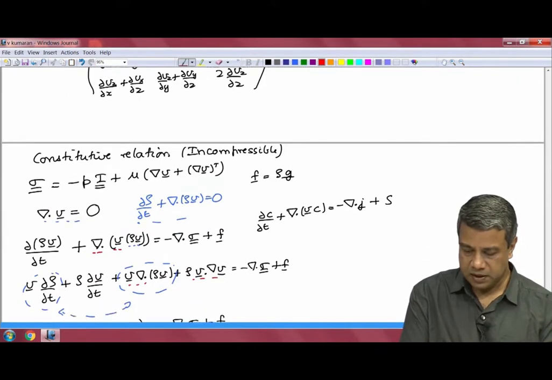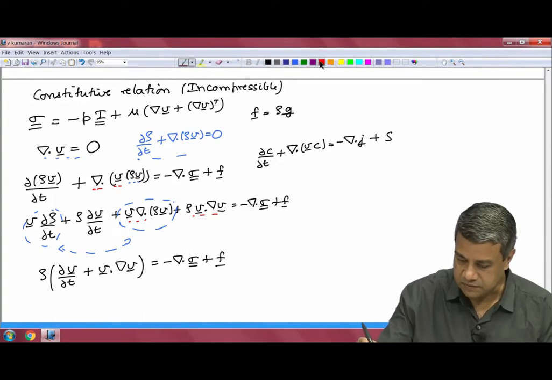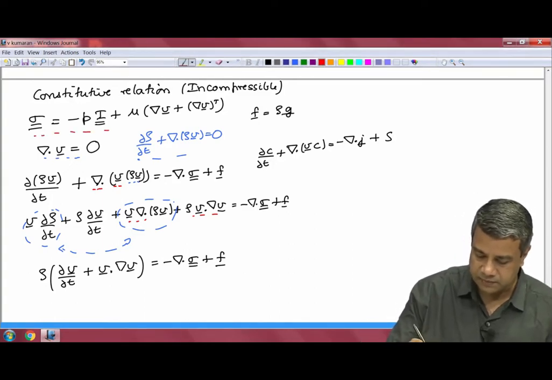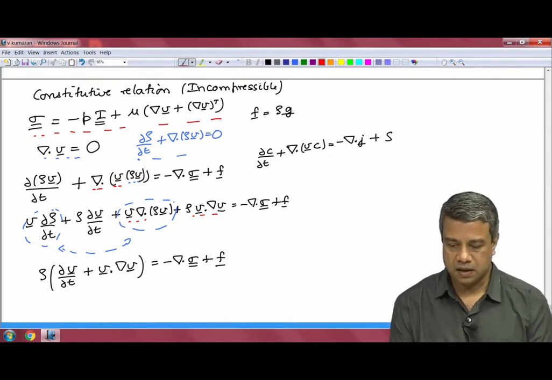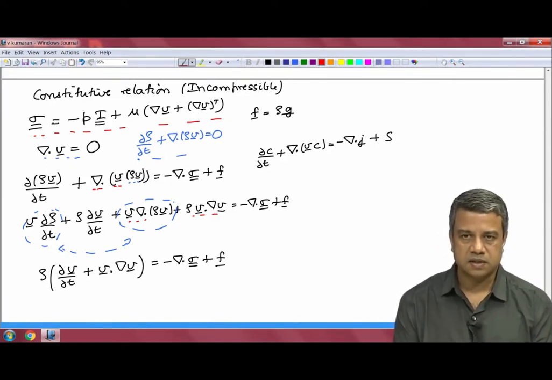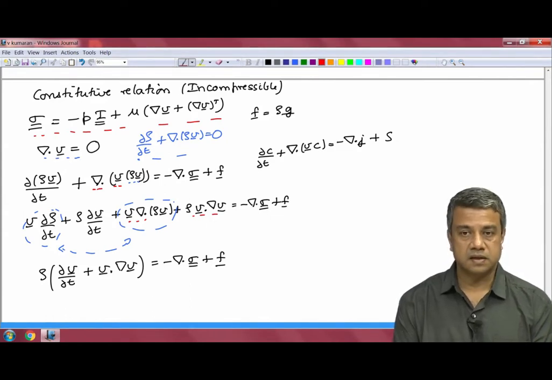And so the constitutive relation that you get for an incompressible flow is of this form: a pressure which is isotropic, and the shear stress which is related to the symmetric traceless part of the rate of deformation tensor. The sum of the diagonals is equal to 0.